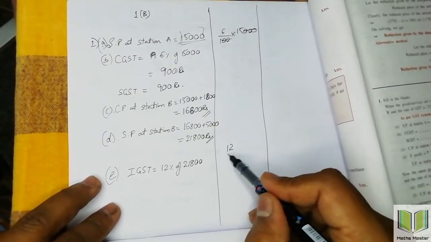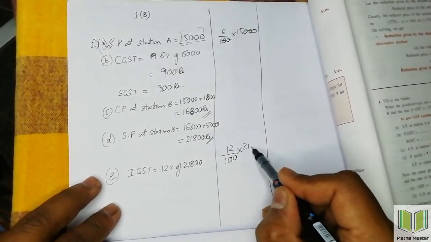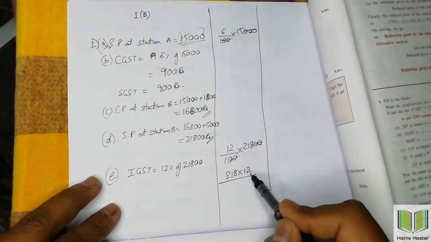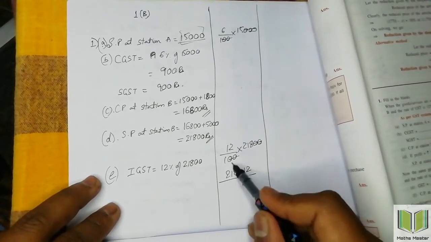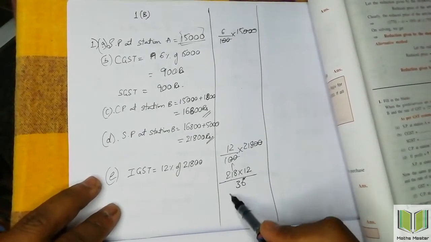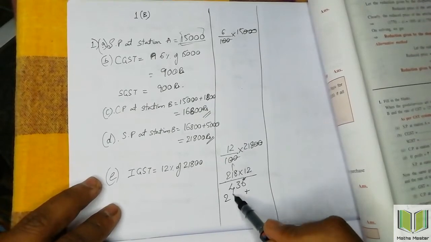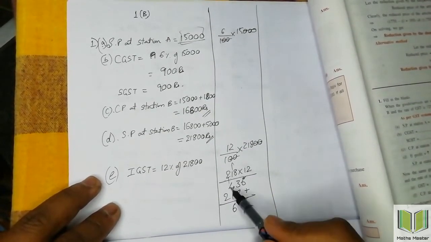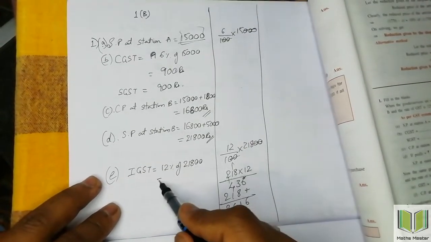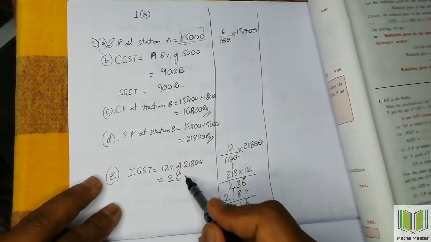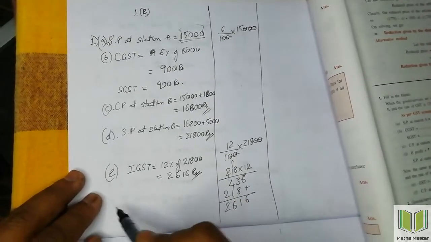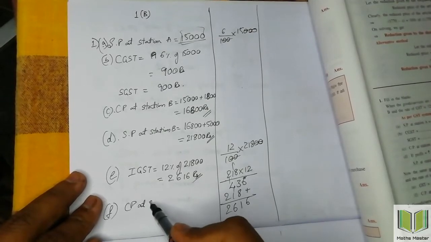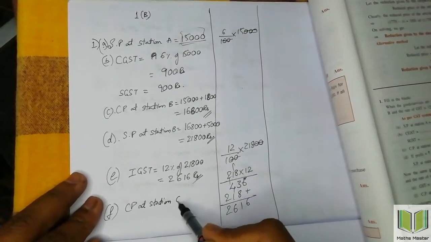We'll do the working on the right hand side. 12 by 100 multiplied with 21,800, the 00 gets cancelled. 218 times 12. 2 times 8 is 16. 2 times 1 is 2, 2 and 1 is 3. 2 twos are 4. 2 1 8. So it should be equal to 2,616 rupees.